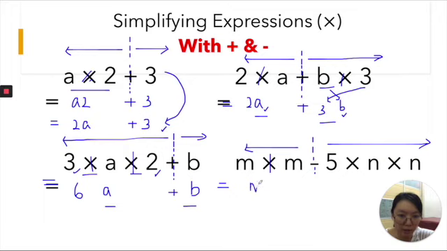I have m repeating for 2 times, m squared. Minus, copy down. 5, no more number, put 5 down. Times, throw away. I have n repeating for 2 times. So m squared minus 5n squared. Are they like terms? m and n, no, different alphabet. So this is a simplified form.